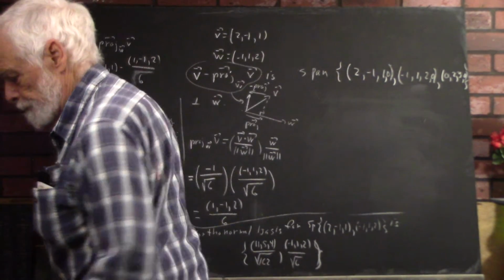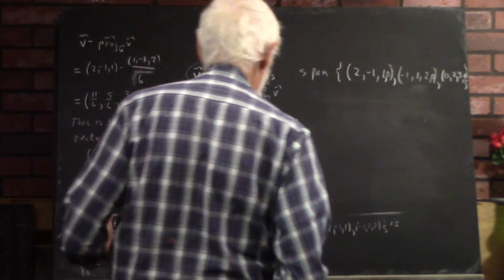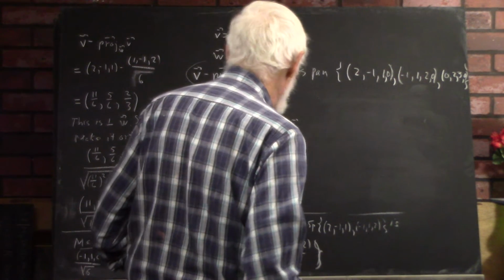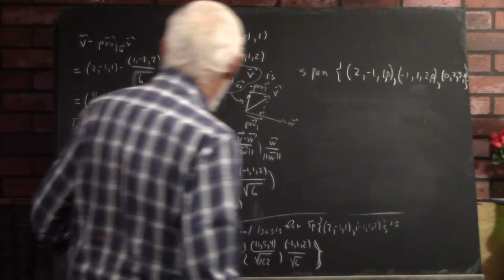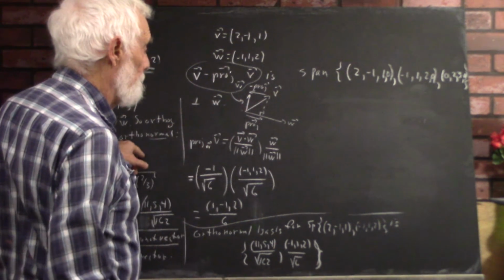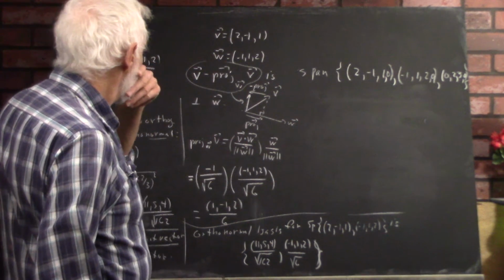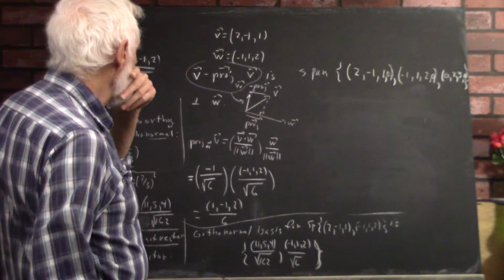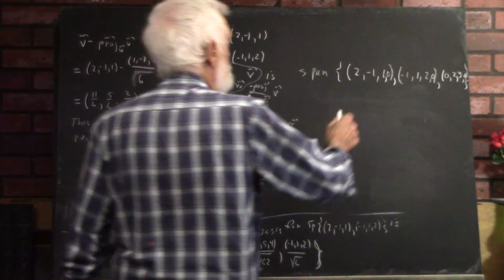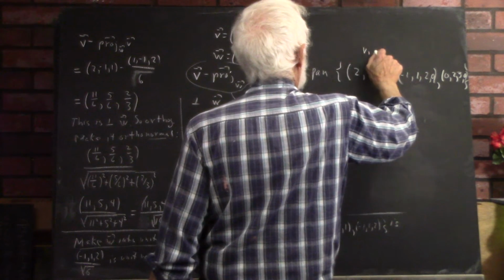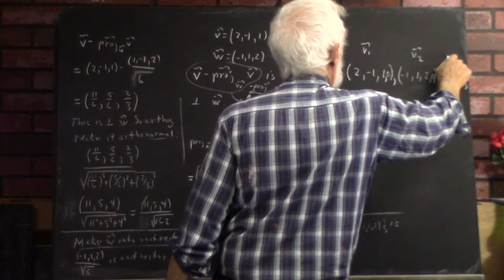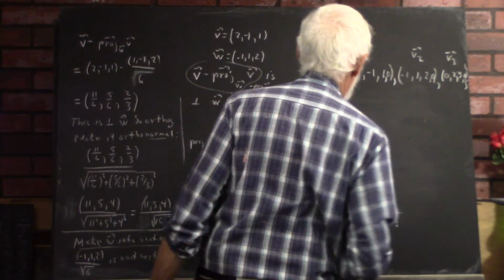Okay. Now, what we can say is that we have an orthonormal basis, well, we have two orthonormal vectors here, from what we've got over here, and let me call these vectors v1, v2, and v3.